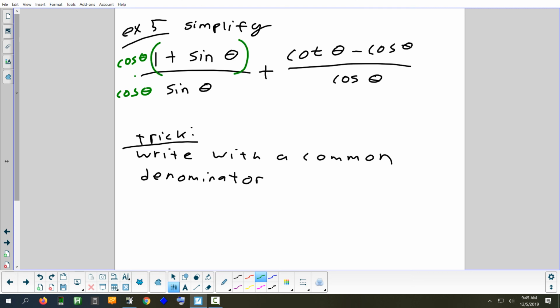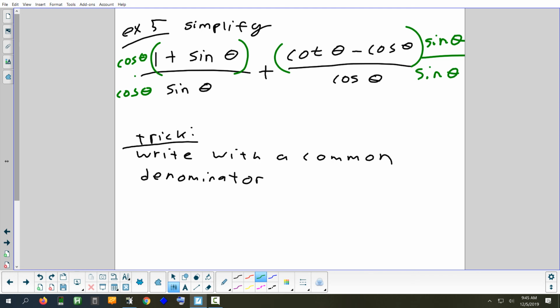Anytime you got two things, put parentheses around it, because that's distributive. And what am I going to multiply the other fraction by? Sine theta, over sine theta. You got to multiply the top and bottom always by the same thing.